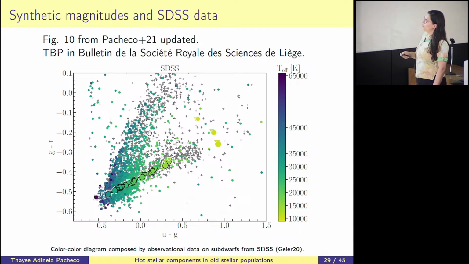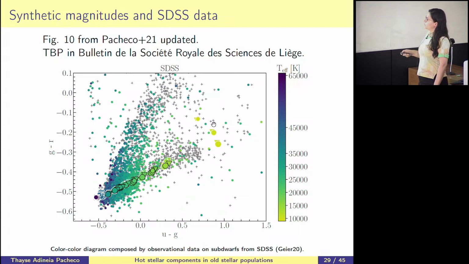These small crosses and dots are observed colors, and the colored dots are colors with determined surface temperature, and these bigger points are our synthetic magnitudes.